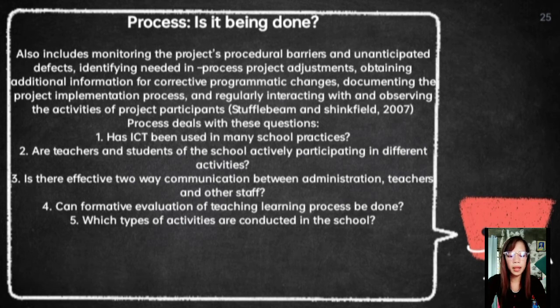Process evaluation methods include monitoring the project's procedural barriers and unanticipated defects, identifying needed in-process project adjustments, obtaining additional information for corrective programmatic changes, documenting the project implementation process, and regularly interacting with and observing the activities of project participants, according to Stufflebeam and Shinkfield, 2007.